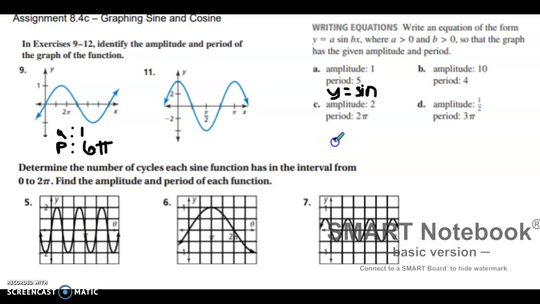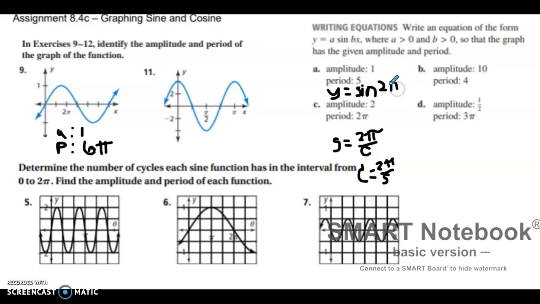So we know that the period is equal to 2 pi divided by the cycle. So 5 is equal to 2 pi divided by c. Then if you multiply both sides by c and divide by 5, you get c equals 2 pi over 5. So that's the cycle, and that's B, that goes right here.